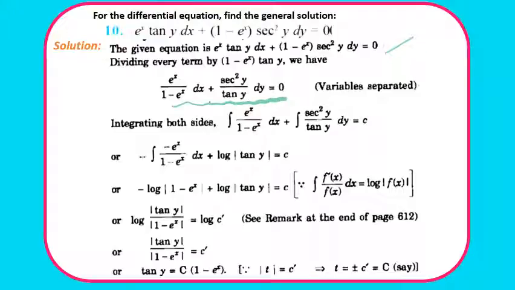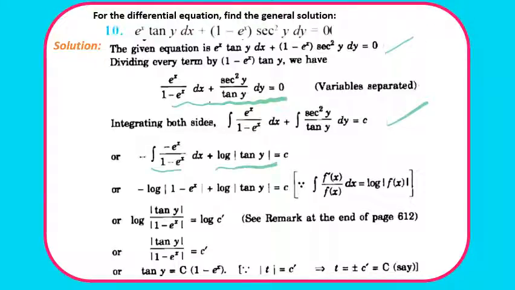That is, we are separating the variables. So integrating both sides, we get integral e power x upon 1 minus e power x dx plus integral sec square y upon tan y dy equals to c. So multiplying by minus, we get minus integral minus e power x upon 1 minus e power x, and the integral of sec square y upon tan y will be log tan y plus c.